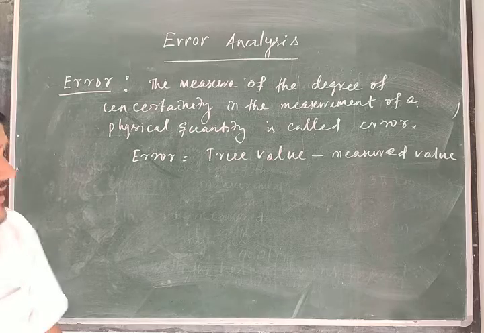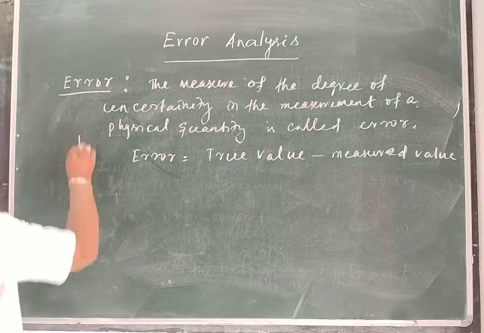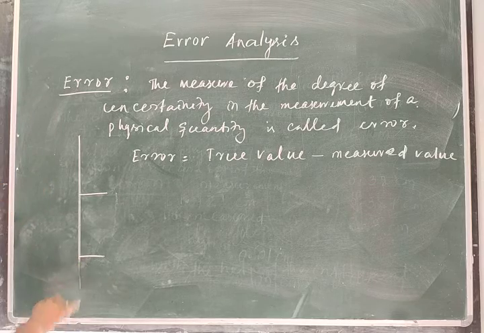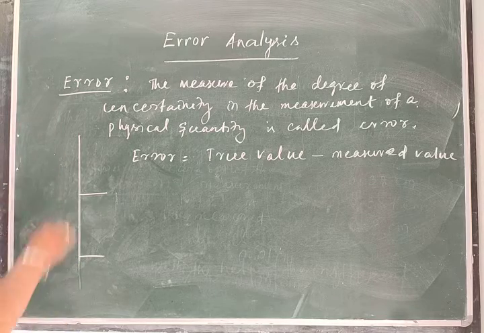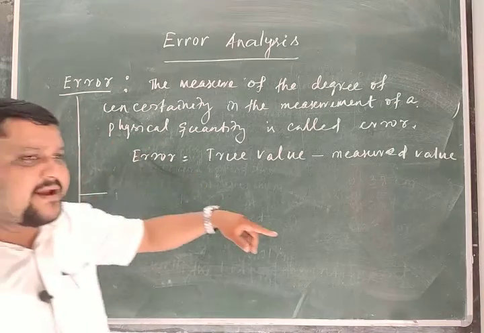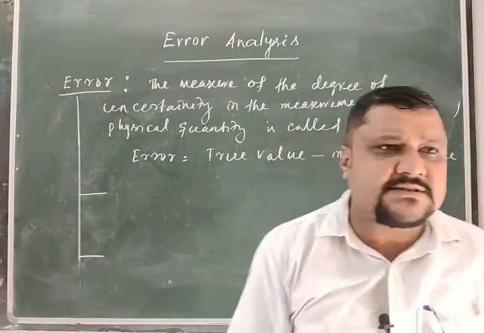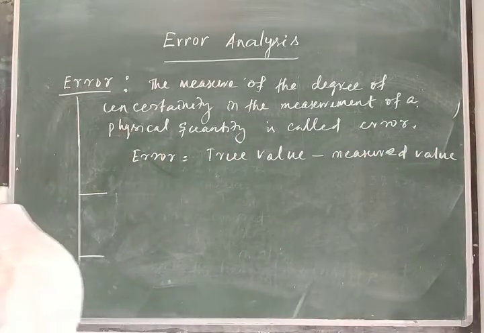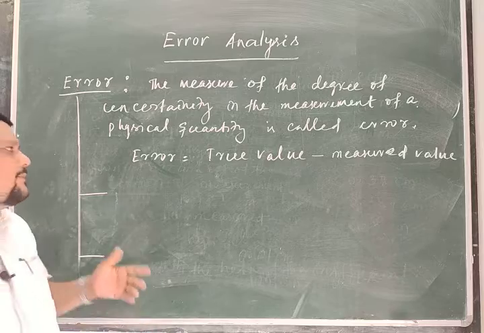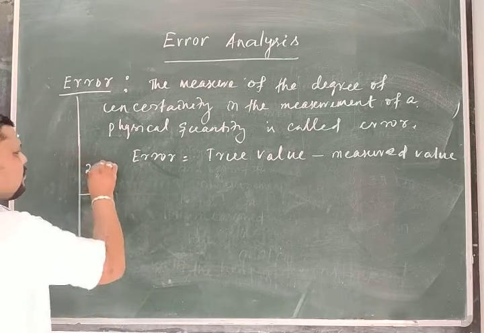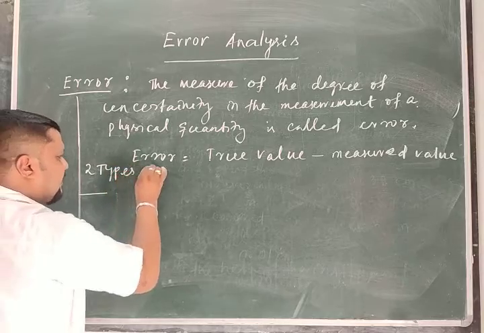Then this error is broadly of two types. The error in a measurement arises because of so many reasons, but whatever they may be, these reasons can be broadly classified into two. So I can write here two types of error broadly.